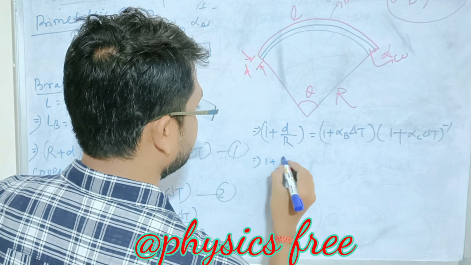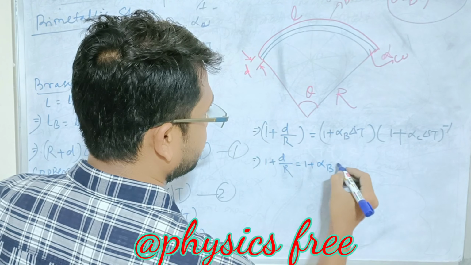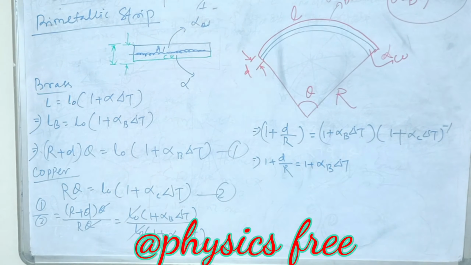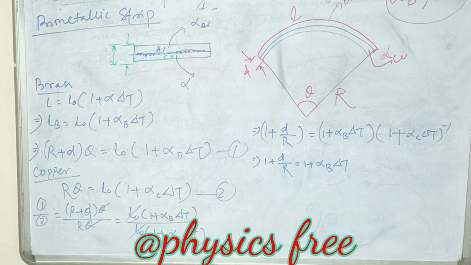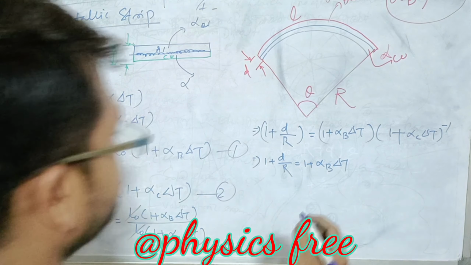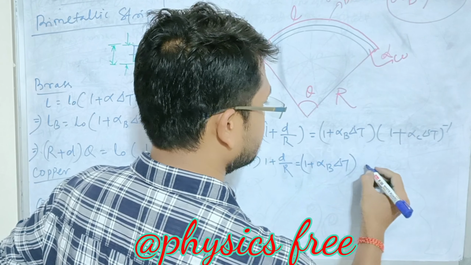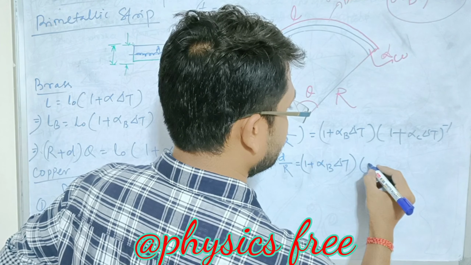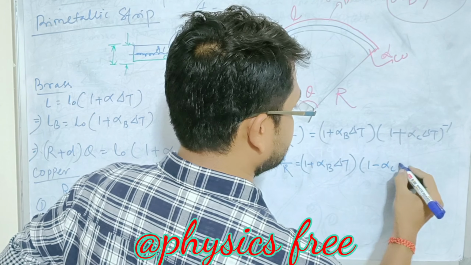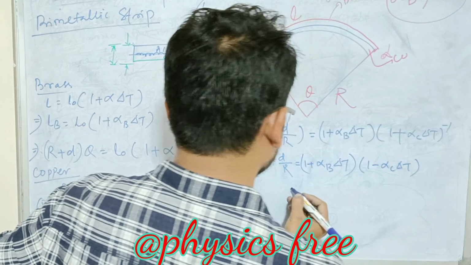If you do the expansion, 1 plus d by r equals 1 plus alpha B into delta T times 1 minus alpha C into delta T.